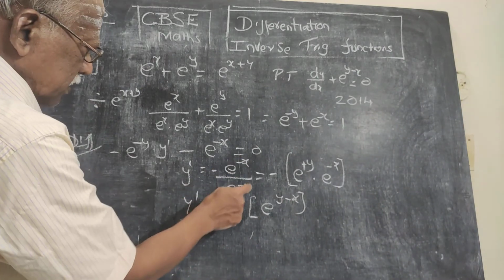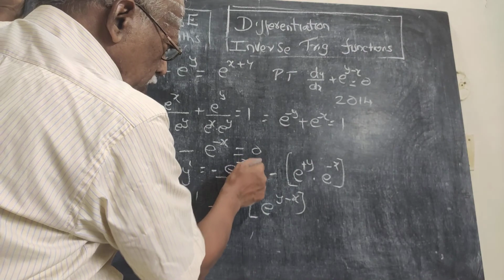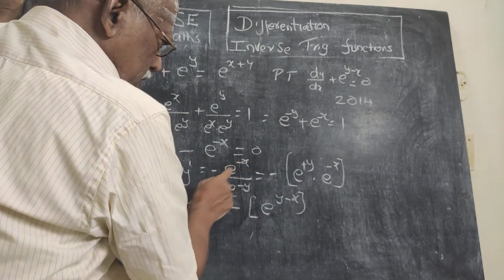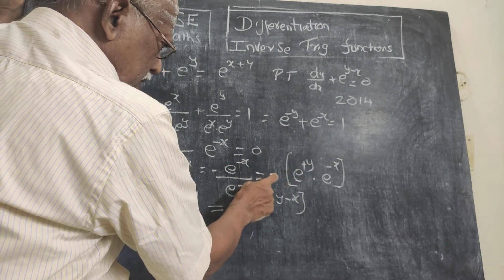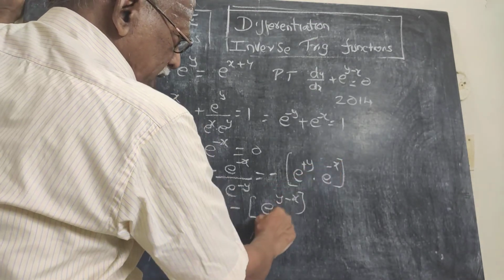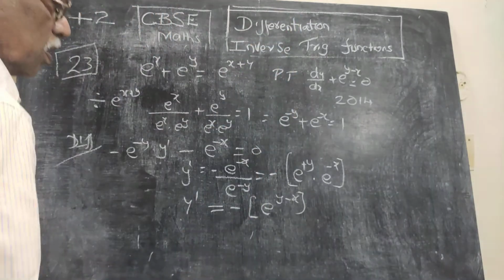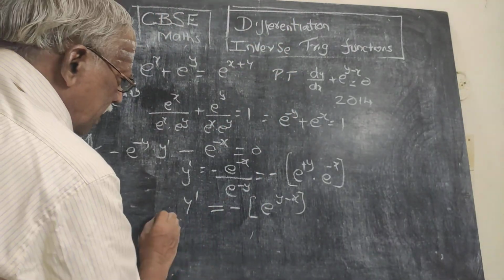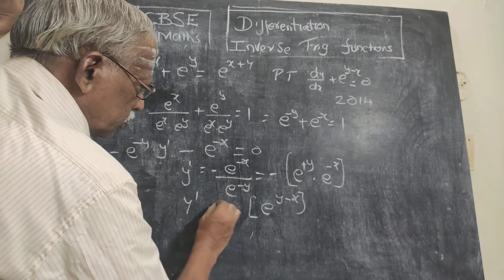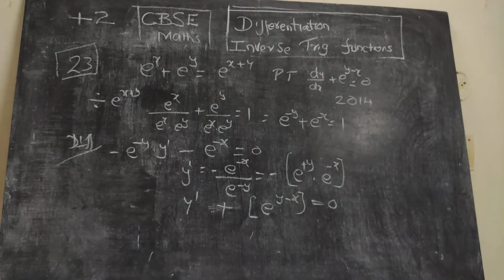So e power of minus x divided by e power minus y. The e power minus y taken to the denominator becomes e power plus y, and this will be e power minus x, and this minus is there. E power y into e power minus x is e power of y minus x. In the next step you will get that answer: y dash plus e power of y minus x equals 0.